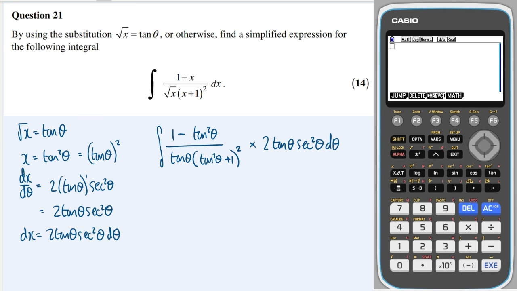Okay, great. Now we're going to hope for a fair bit of cancelling here, and the first thing I can spot is that we've got a tan squared plus 1.